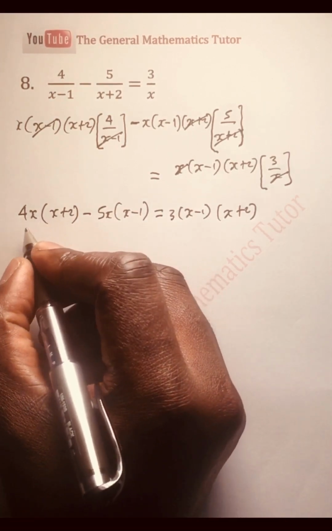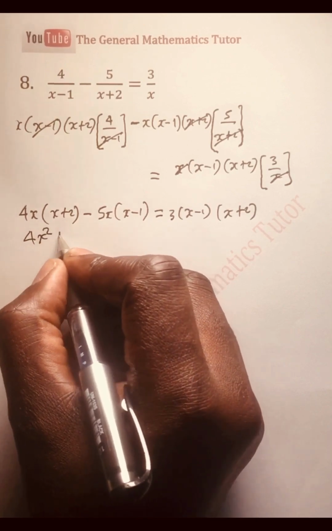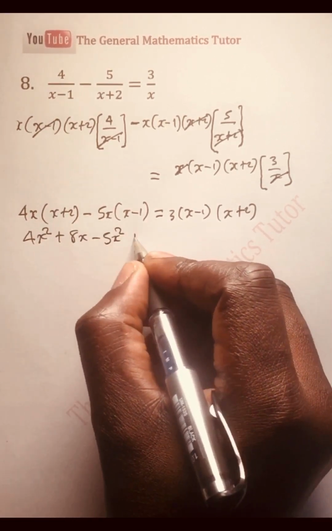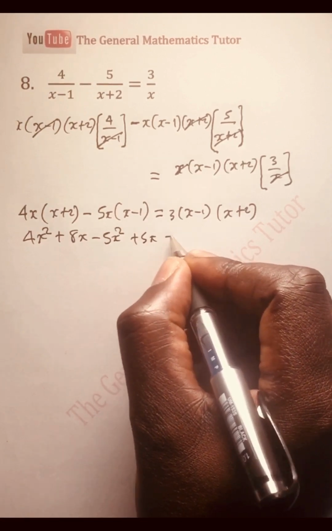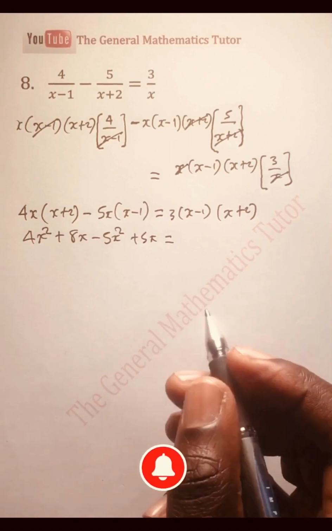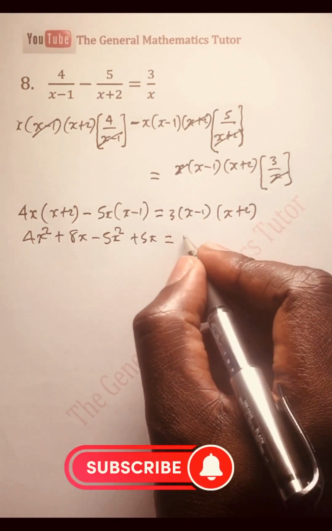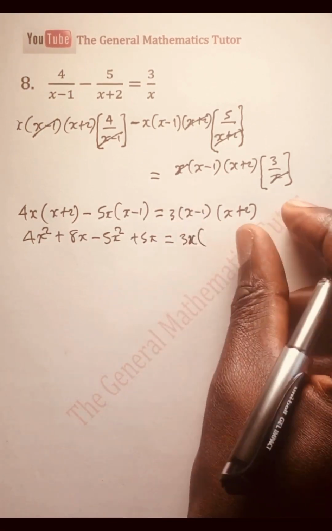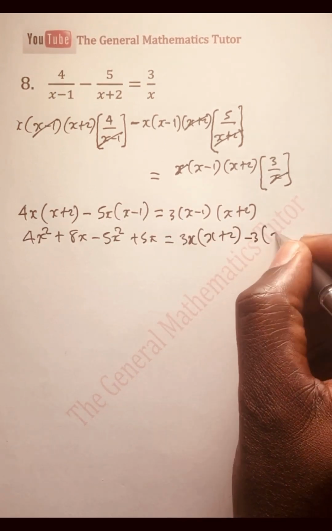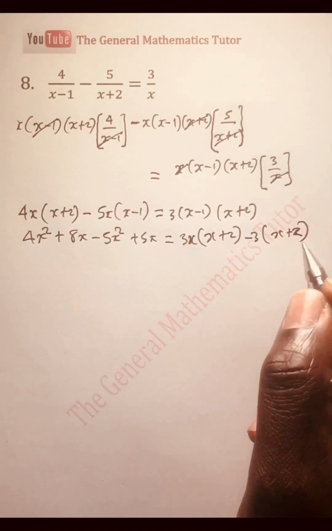So in the first case, we have 4x squared plus 8x minus 5x squared plus 5x is equal to, we can open up this first bracket and multiply the two. So this one will be 3x into the second one, which is x plus 2 minus 3 into x plus 2.